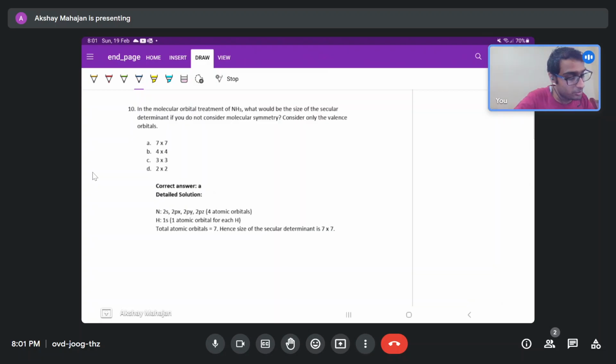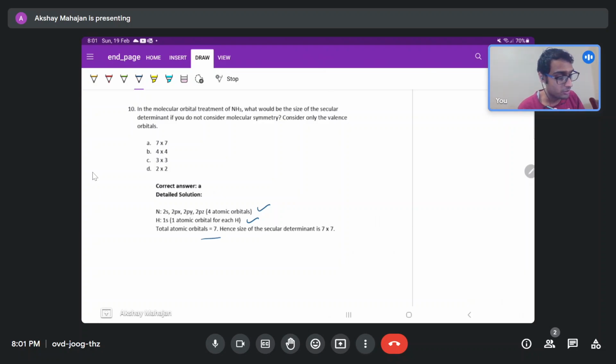Now, in the molecular orbital treatment of NH3, what will be the size of the secular determinant if you do not consider symmetry? Again as we discussed in the session, for NH3, for nitrogen you will have 4 atomic orbitals, and for hydrogen you will have 1 atomic orbital each, so in total you have 7 atomic orbitals, right?